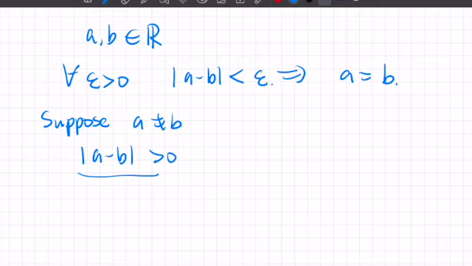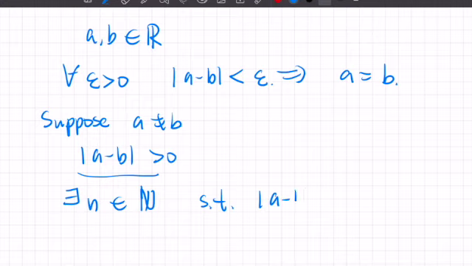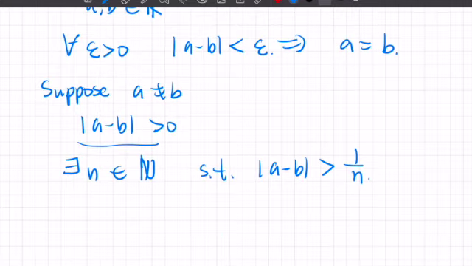So we can find some natural number n such that |A minus B| is greater than 1 over n. But this 1 over n is also a positive real number.